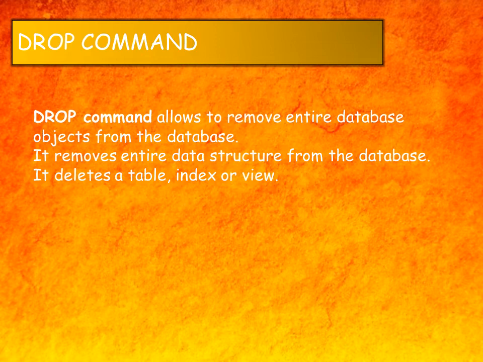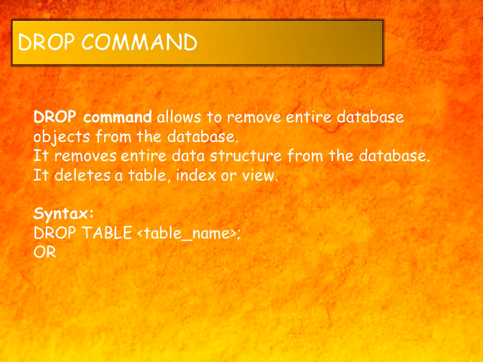One thing you need to remember: once a table is dropped using the drop command, you cannot get it back. So if the drop command is used, make sure that you do not require this table anymore.